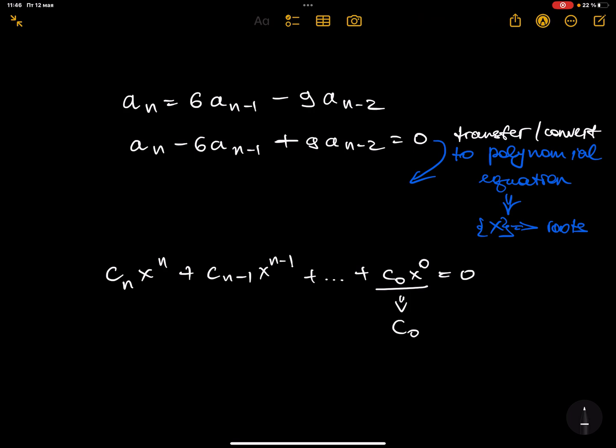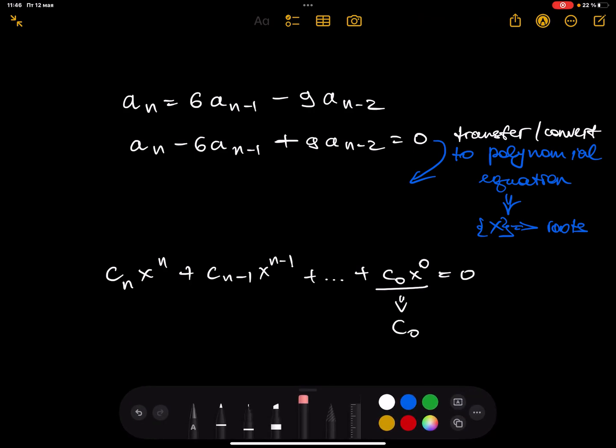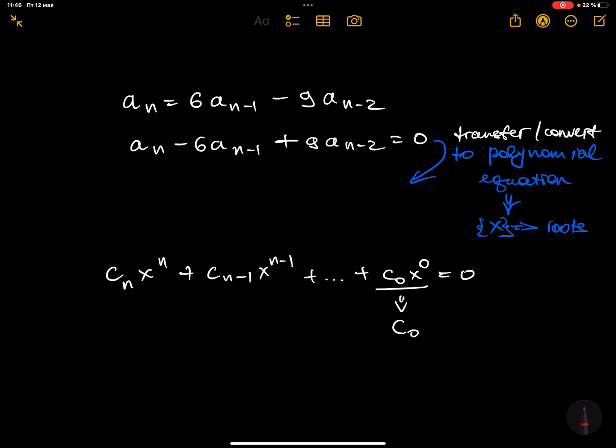So x to the power of 0 is gonna be C0. What I mean is that the element with the least coefficient is gonna be C0.